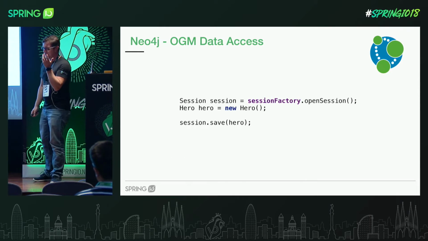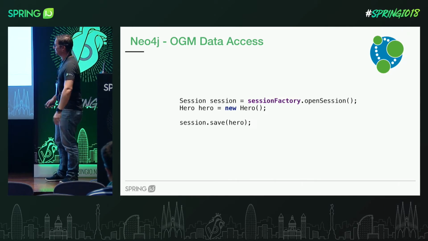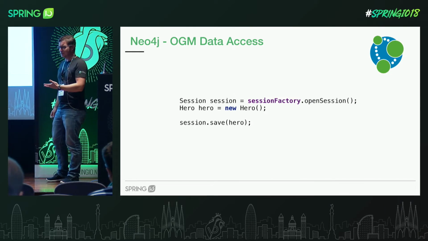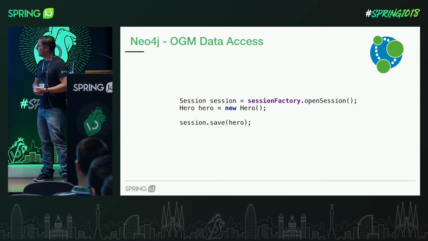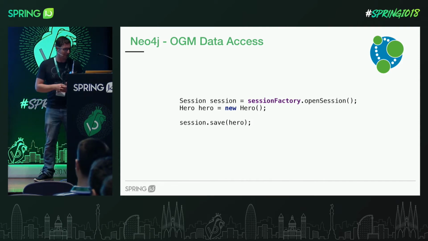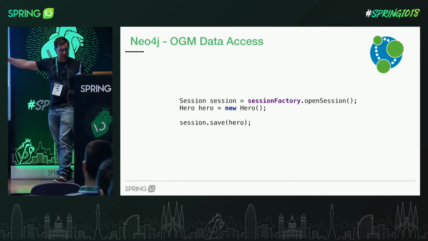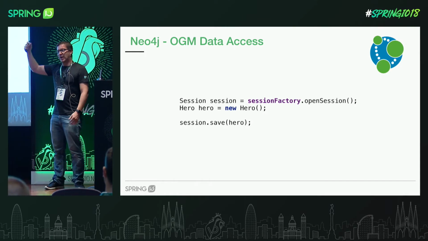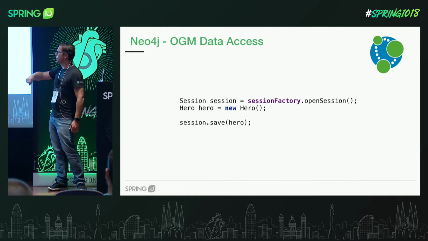Now, just to see a small sample of a data access, it looks like JPA. I skipped the transaction in this case. Of course, we do support transactions, but it would not be so clean to see the samples here. So we have the save action, where we have this session factory that holds the configuration and knows how to connect to the database.